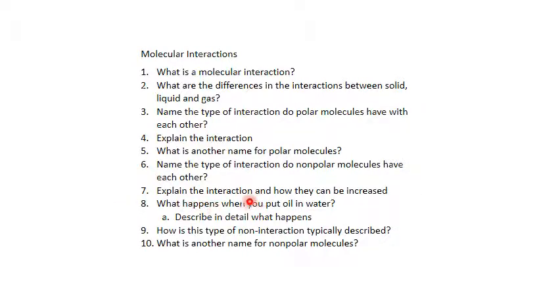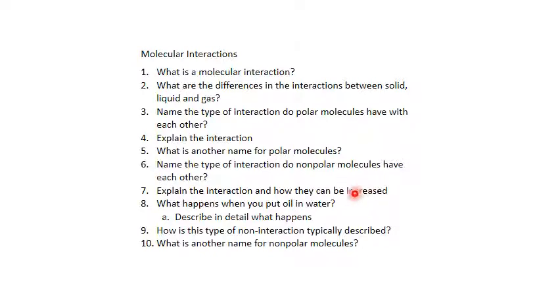What happens when you put oil and water together? The way I described it is the oil is going to come crashing into the water, and the water is going to try to find other waters to interact with because they like other water molecules. It's not that they don't like oil molecules.